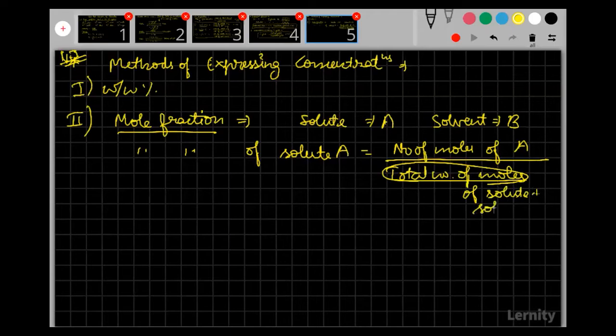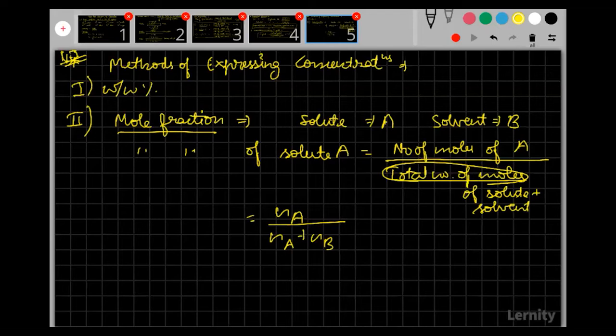That is basically the number of moles of the solution, and it is given by Na by Na plus Nb, if we are considering a binary solution.